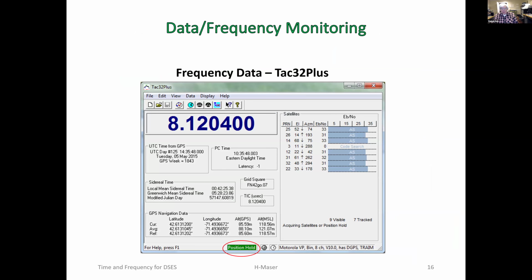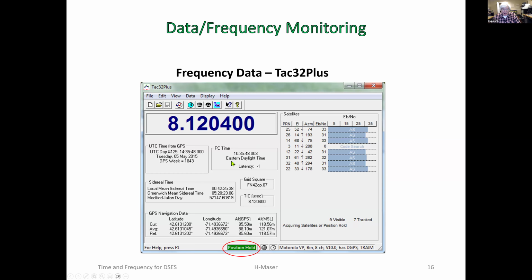So this is the software that records all the data from the GPS and the rubidium, and that's just the main screen. It has many screens, but the key thing is it's in position hold mode, so that it's not actually navigating, it's not generating new latitude, longitude numbers, they're all fixed.